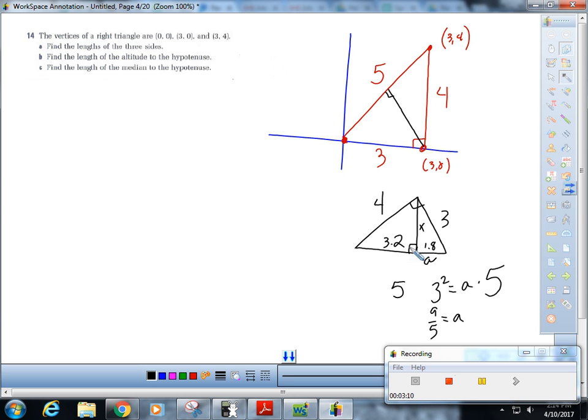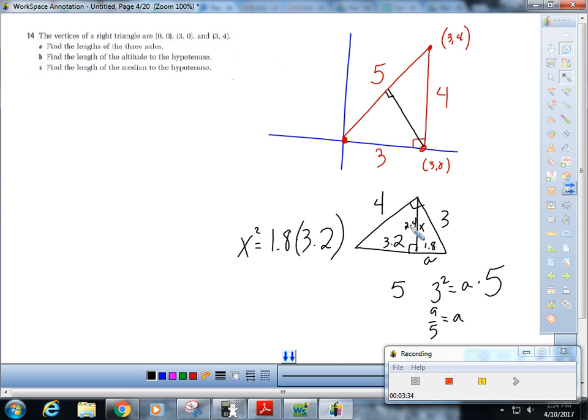So x squared is equal to 1.8 times 3.2. So can someone do the square root of 1.8 times 3.2 for me? I'll do it myself. 2.4. Thank you. So this is 2.4.